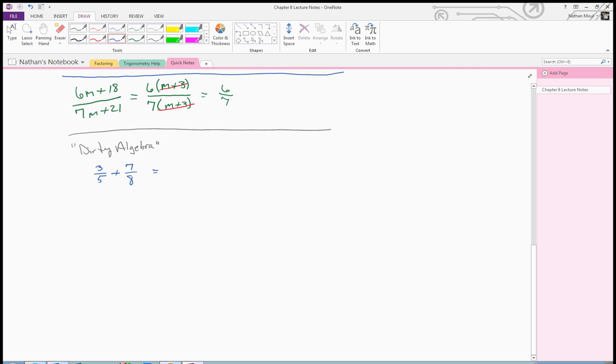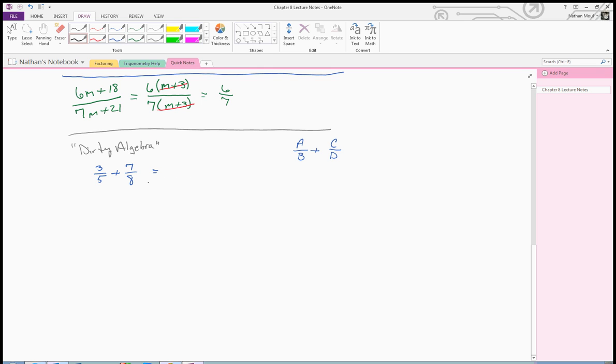That's true. However, when you start doing these with nothing but letters, we can't really get a number. So what's an easy way of doing this? The answer, again, is this dirty algebra, as I call it.